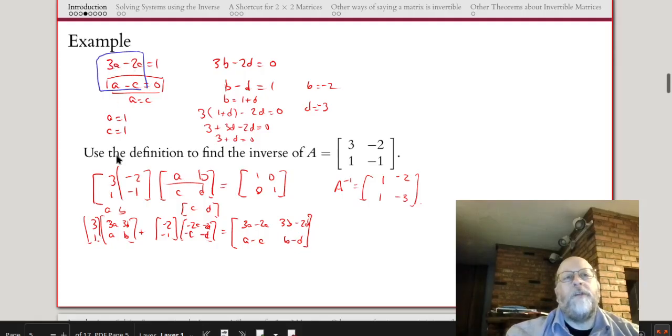The coefficients come from the original matrix A: 3, -2, 1, -1. And over here, even though the variables are different, the coefficients are still 3, -2, 1, -1. But the columns on the right: this is E1 and this is E2.